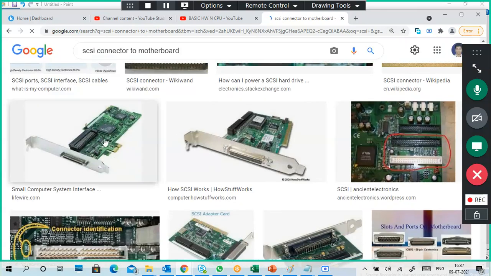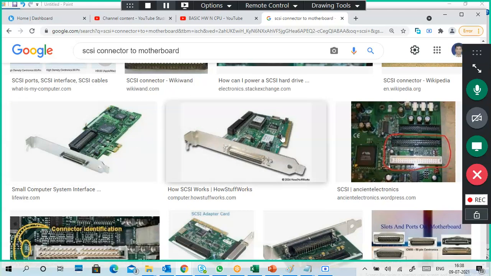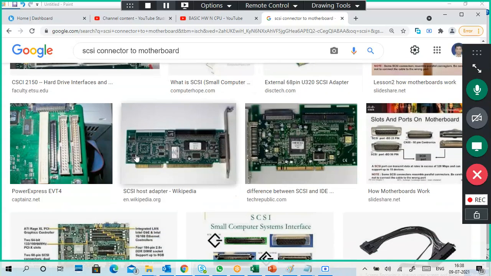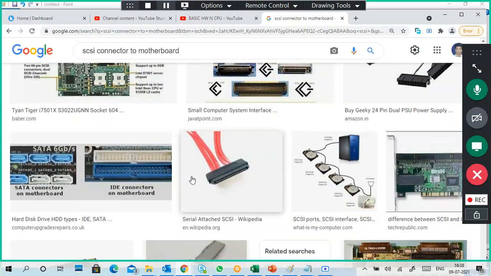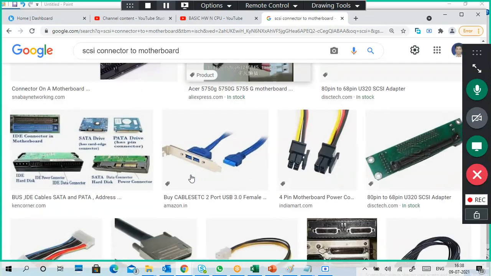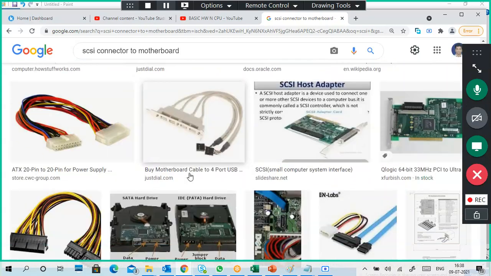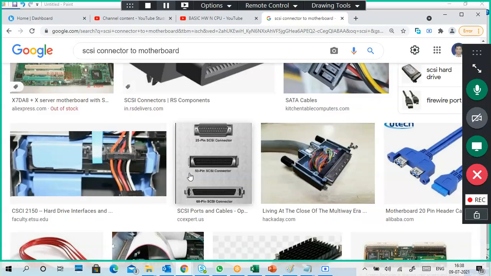So this is a connector. Can you see like this? Different types of connectors are there. So this is IDE type. Then PCI Express cards are there. You have to go to the complete motherboard picture.